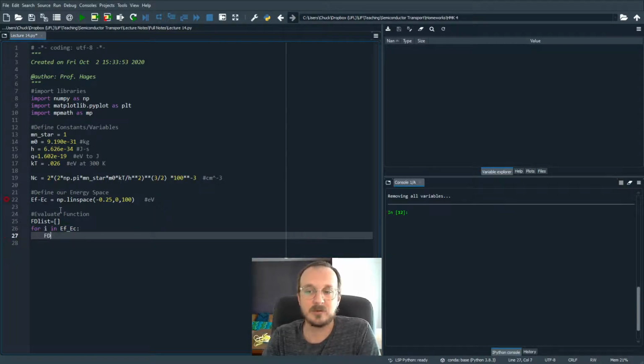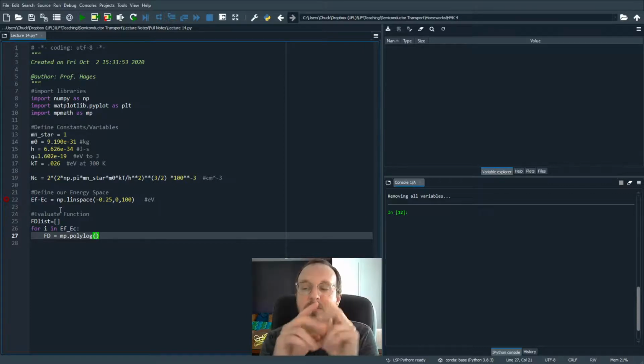And we'll say the evaluated Fermi-Dirac is going to be mp.polylog. This is the polylogarithm, and if you look it up, it takes 2 arguments. It takes the order and then it takes the value. For us, it's going to be order 3/2. In our case, it's the order of the Fermi-Dirac integral, which is j plus 1, so 1/2 plus 1.